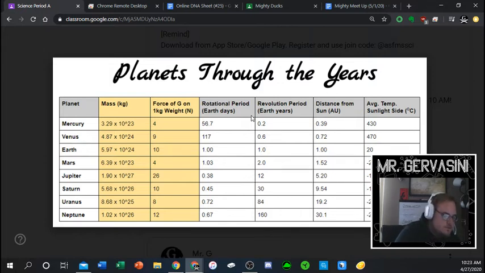After Uranus is Venus. 9, 10. We have Earth and then Saturn. Higher than 10, we have Neptune and then Jupiter.